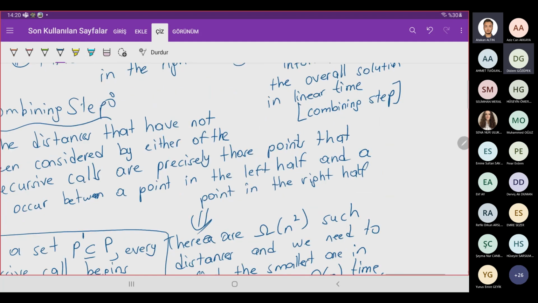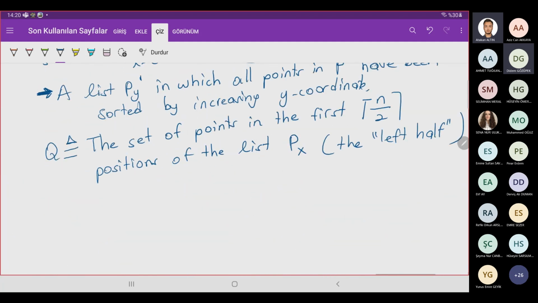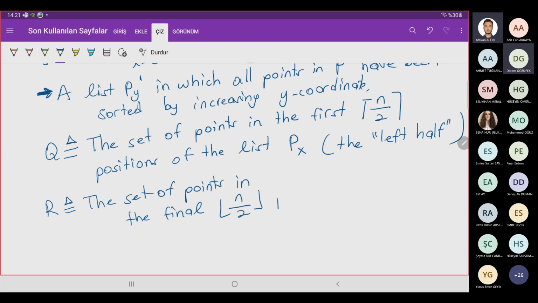Q is the left half, and R the right half.